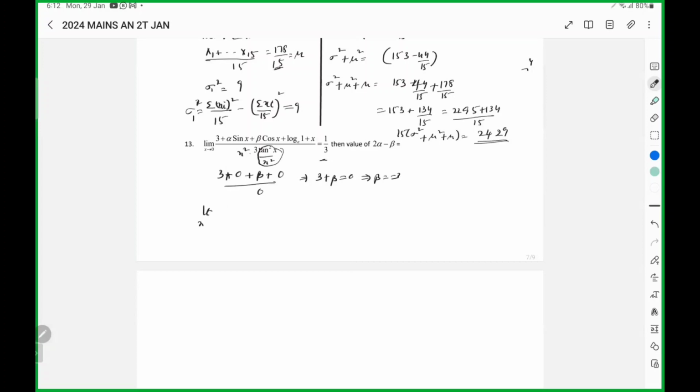Then I apply L'Hospital on the remaining part: alpha cos x minus beta sin x by 1 plus x. So this one is alpha plus 1 by 0, which implies alpha is minus 1. So alpha minus beta is plus 3, which is 1.